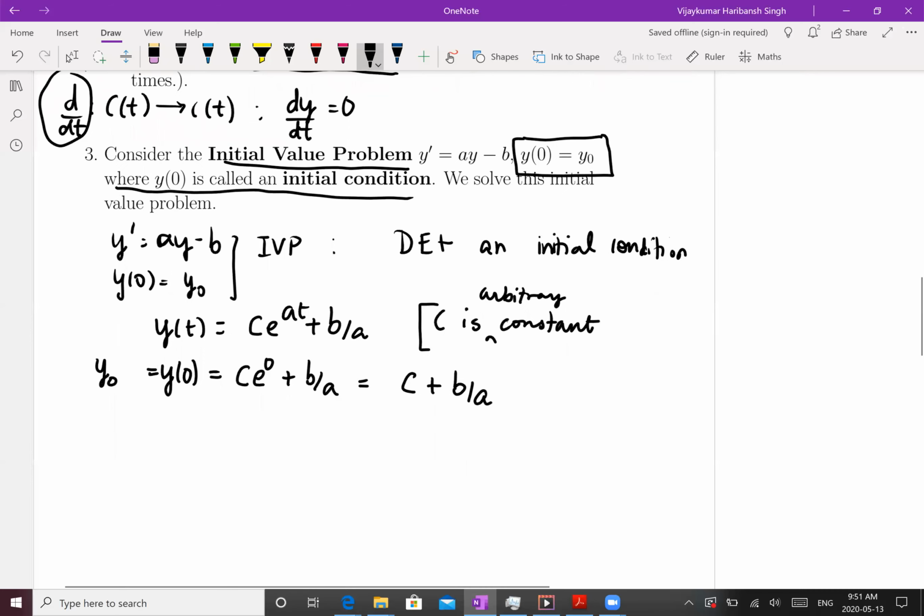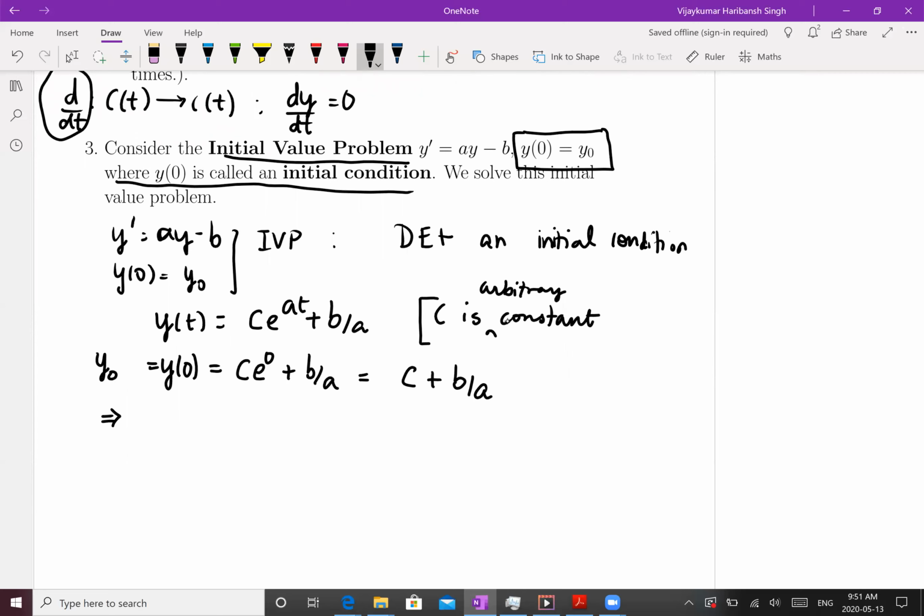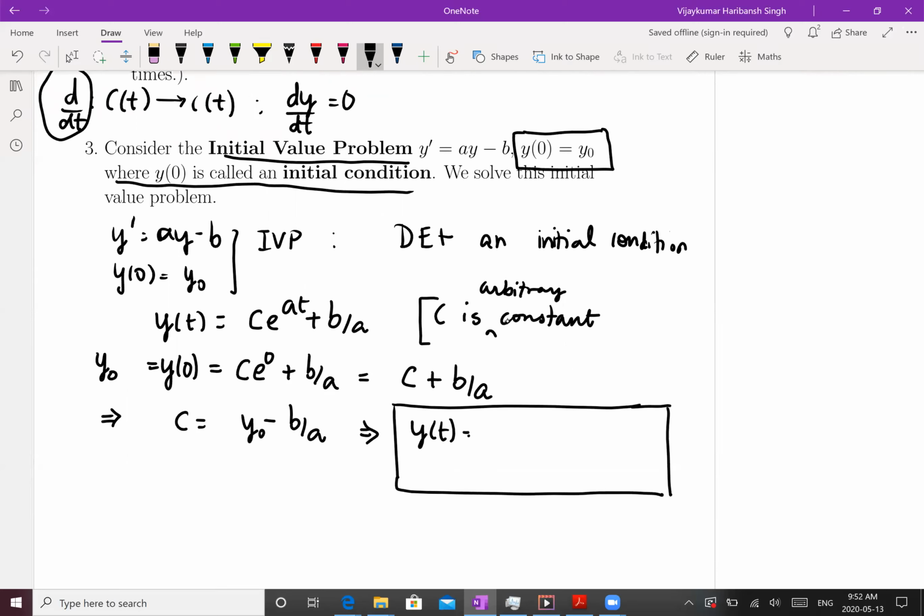If you compare these two, you will see that c is simply y0 - b/a. So the solution to this initial value problem is going to be, instead of c, (y0 - b/a) times e^(at) + b/a.